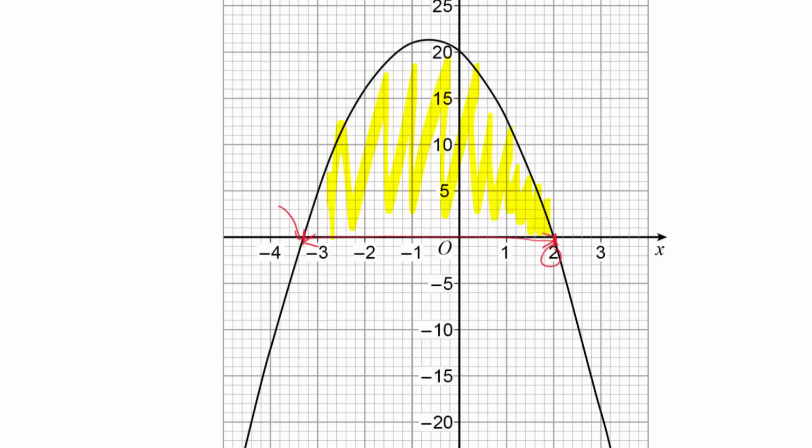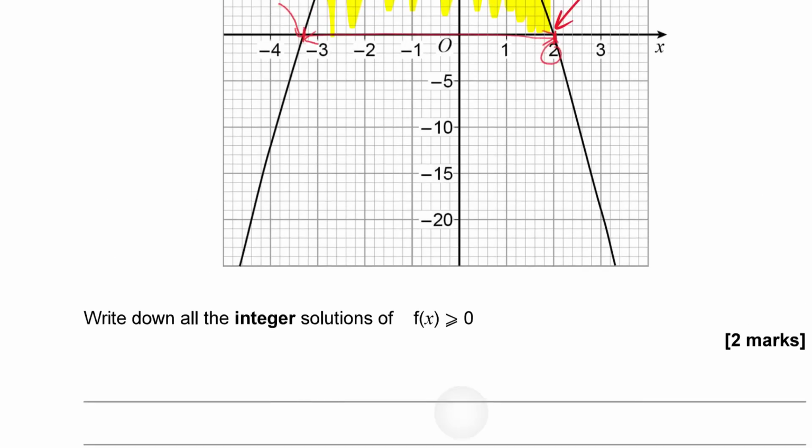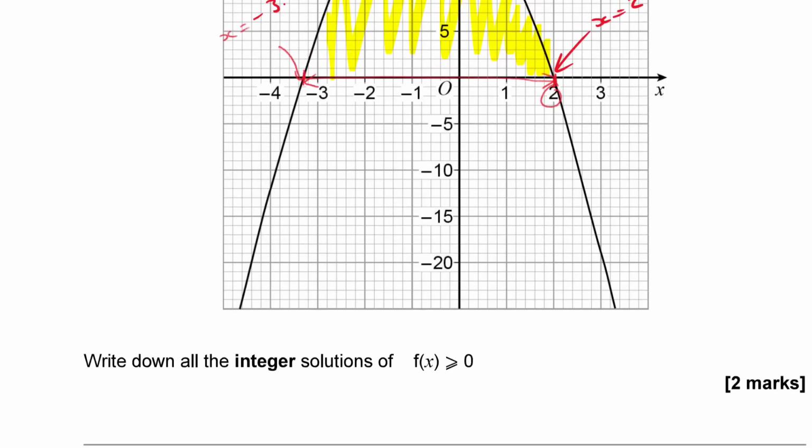So that point there is x is equal to minus 3.3, and this point here is x is equal to 2. So then the range where it's greater than or equal to 0 is the range between those values.